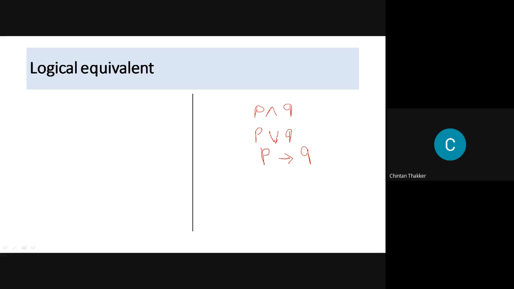Okay. Then the biconditional statement. The biconditional statement is P if and only if Q. When both statements have the same value, the biconditional statement is true.